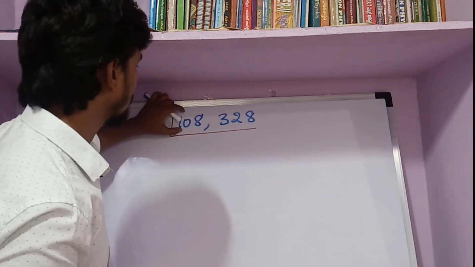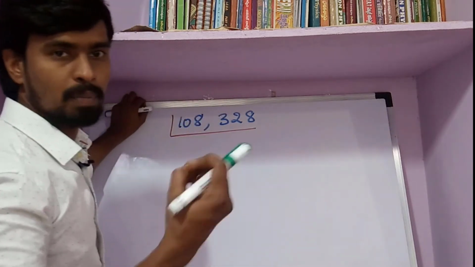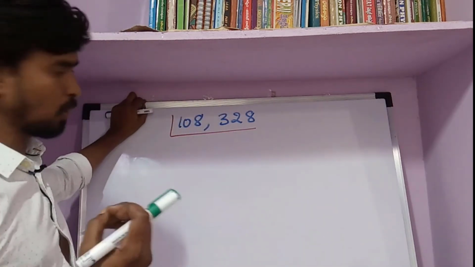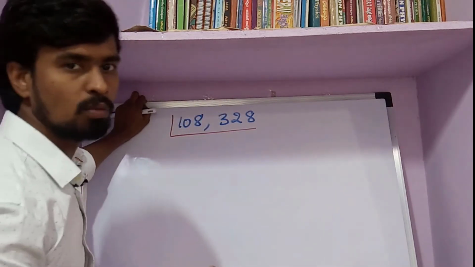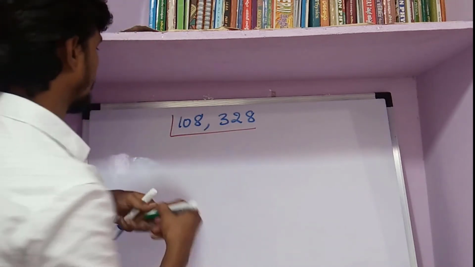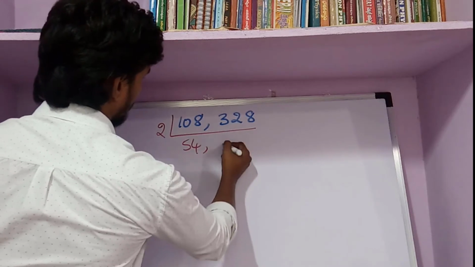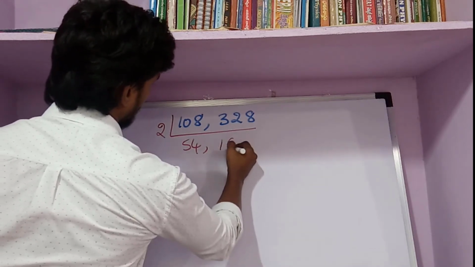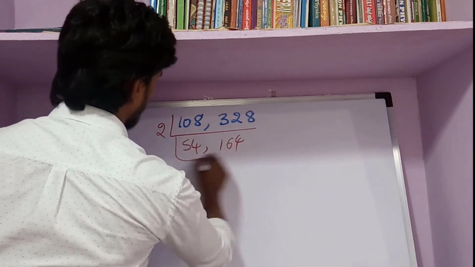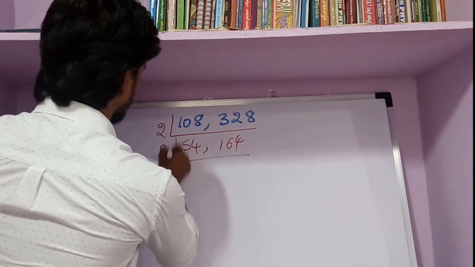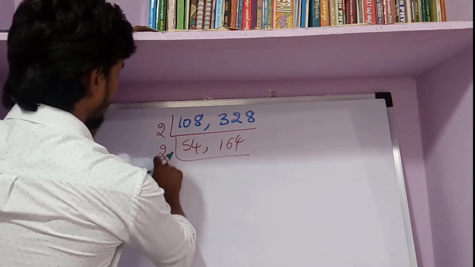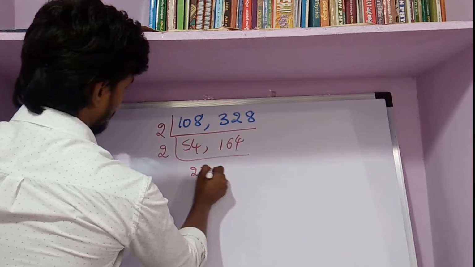A number which divides these two numbers commonly, that is a prime number. So we know that 2 is the smallest prime number and 2 can divide these two numbers, right? Now here 2 54, 2 1, 2 6 and 2 4, 164.